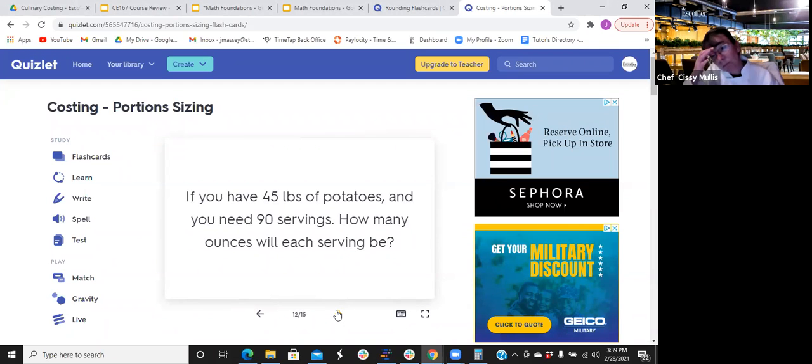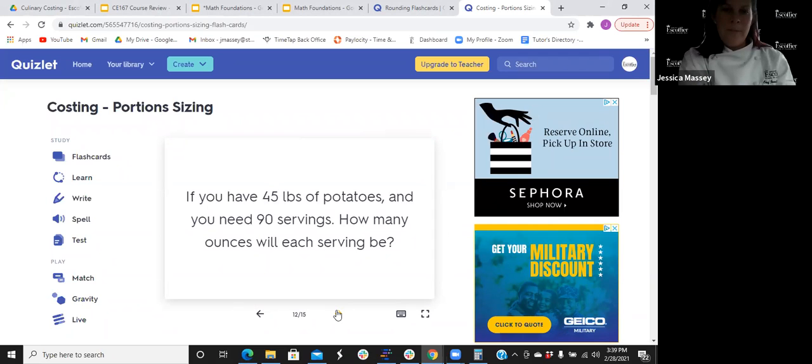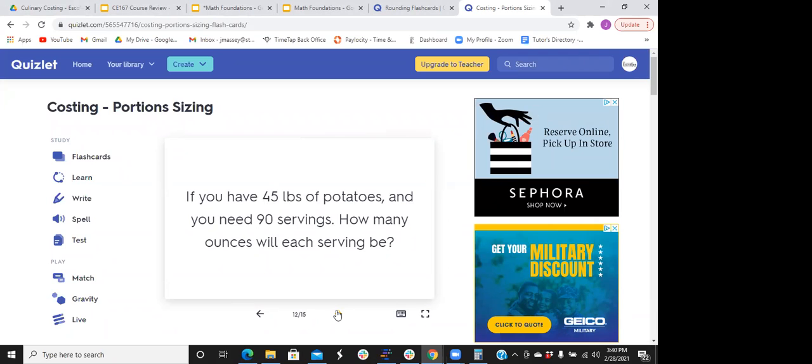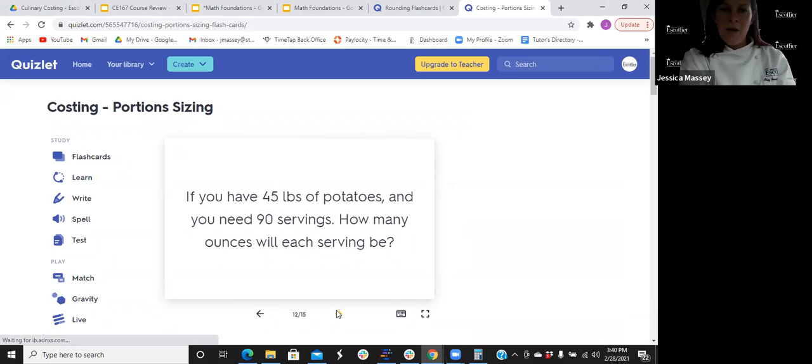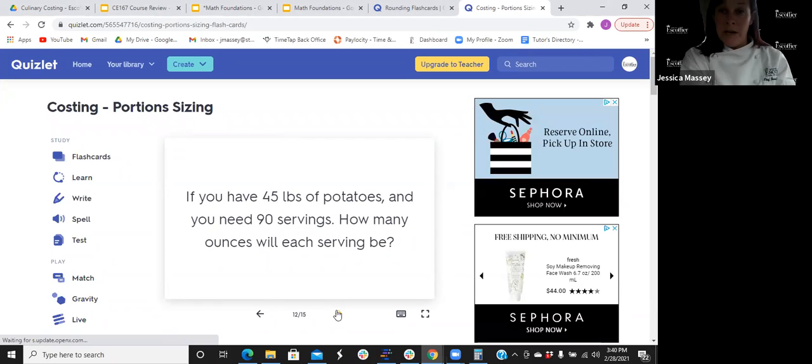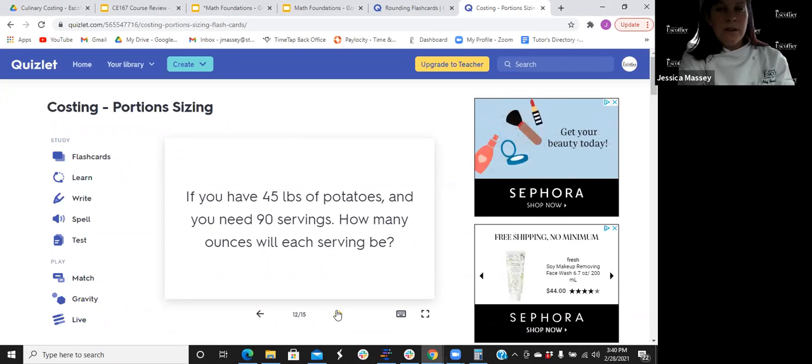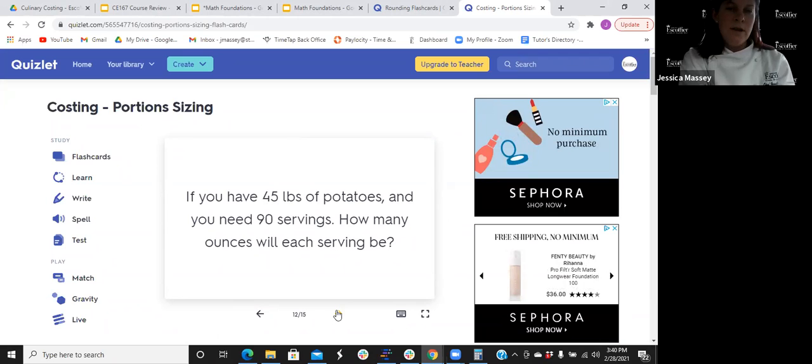All right, let's try this one. If you have 45 pounds of potatoes and you need 90 servings, how many ounces will each serving be? So this is worded a little different. Now I'm asking you how many ounces each serving is for what you have available.